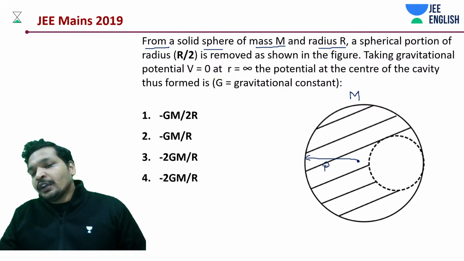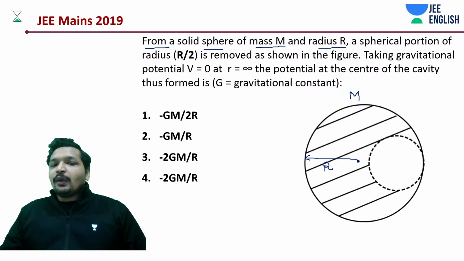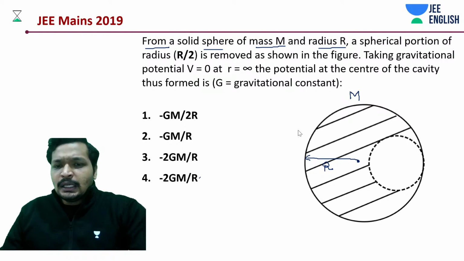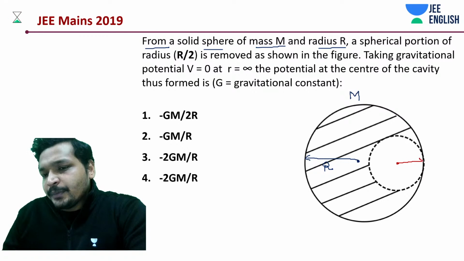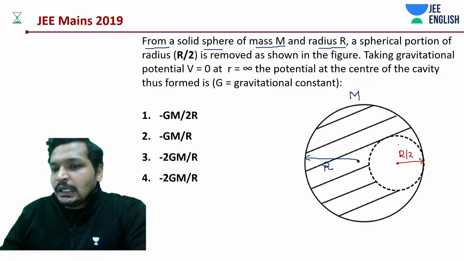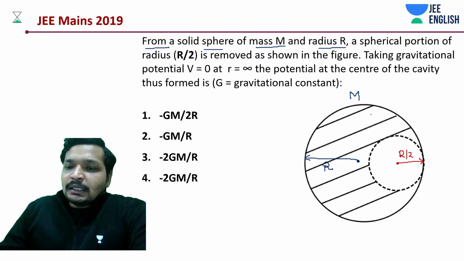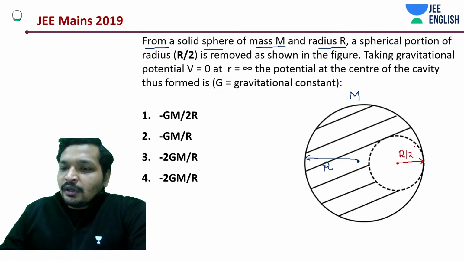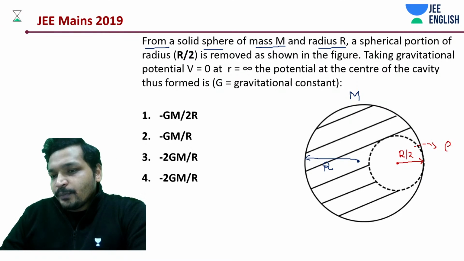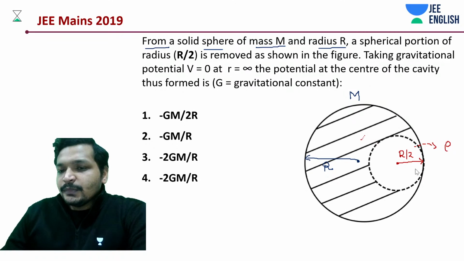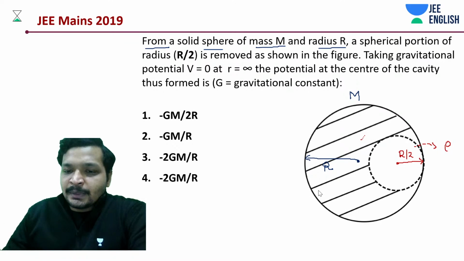Now what has been done is some r by 2 portion has been removed. Do remember, whatever portion has been removed also had a density of rho, some uniform mass density. Nothing has been given to you in terms of density, which is a very good thing.